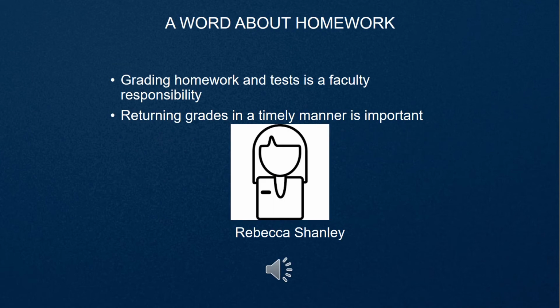I want to say a word about homework because homework is often a way of evaluating or expressing an objective. Grading homework and tests, the grading is a faculty responsibility, and returning those grades in a timely manner is very important because that feedback will correct students' misunderstanding.